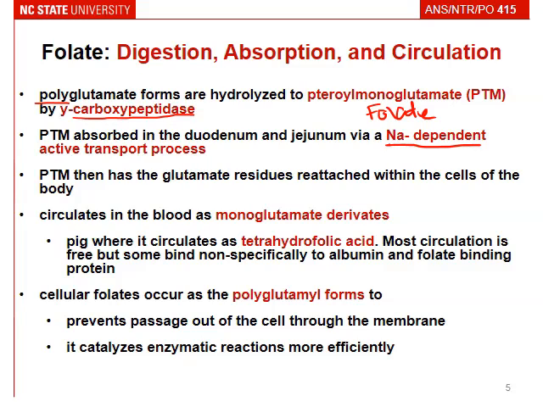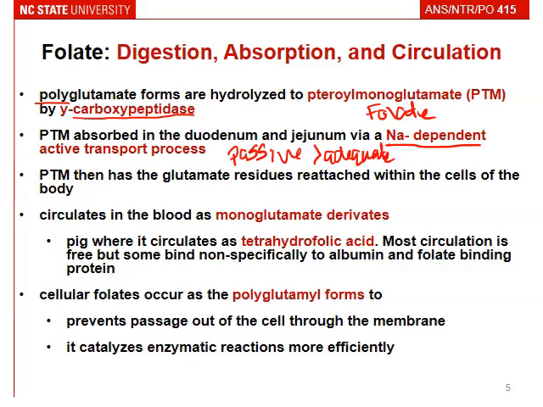This is similar to the other nutrients in that we do have some passive transport, which occurs if you have greater than adequate amounts. The sodium dependent transport occurs when we have low to adequate amounts, while greater than adequate is going to be passive transport.